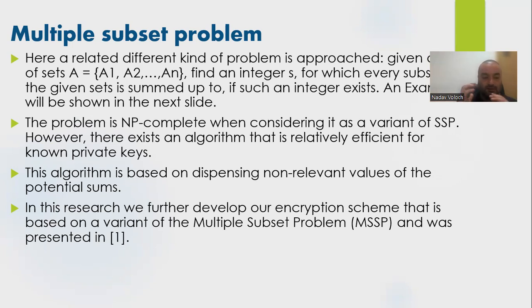For example, if we have a maximal sum of, say, 100, 200, 300, 400, and it's the largest sum, and the others are tens, there's no point in searching for sums that are larger than this, because they obviously can't be reached by the other sets. The same goes for the minimal ones. If we apply the limits for this specific set, it comes out pretty efficient because we don't have to look that much for the sum.